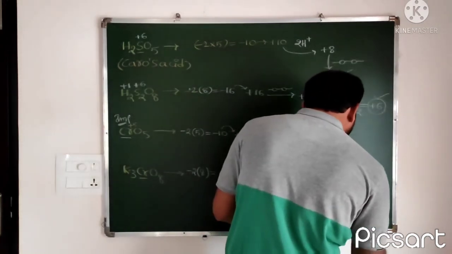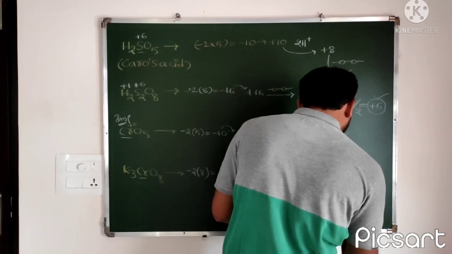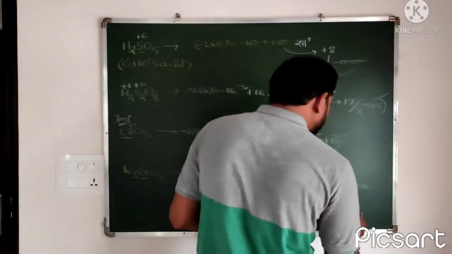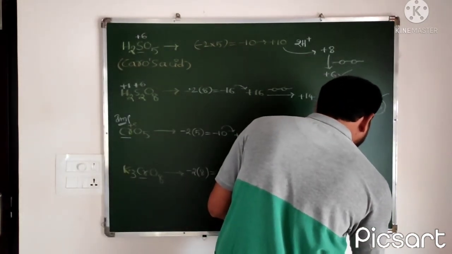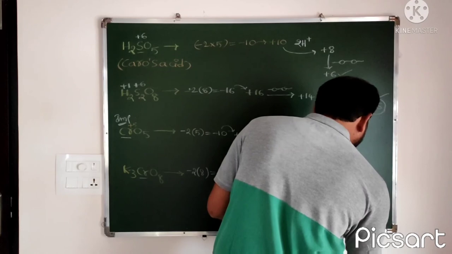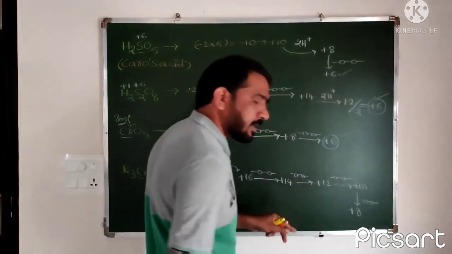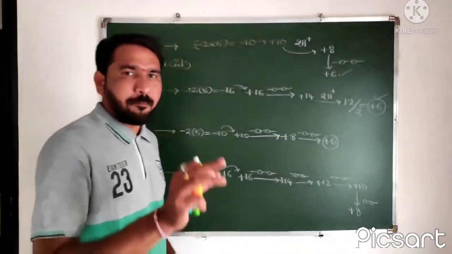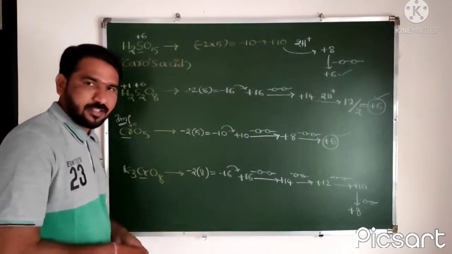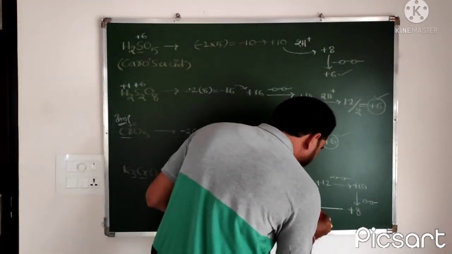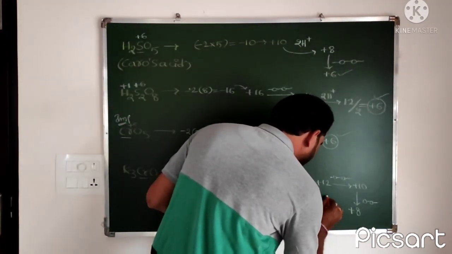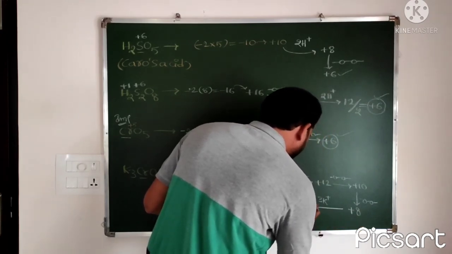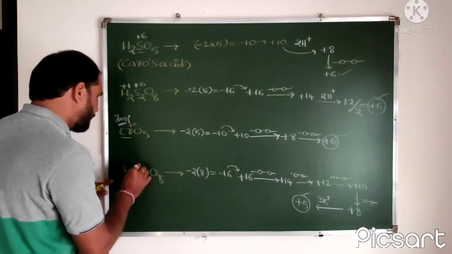If you use a third peroxy linkage, that reduces to plus 10. If you use a fourth peroxy linkage, that reduces to plus 8. Among this last plus 8, plus 3 is deducted for the 3 K plus ions. The rest is plus 8. So plus 8 is the oxidation state of chromium.